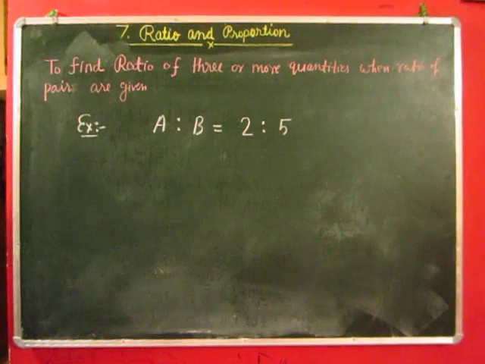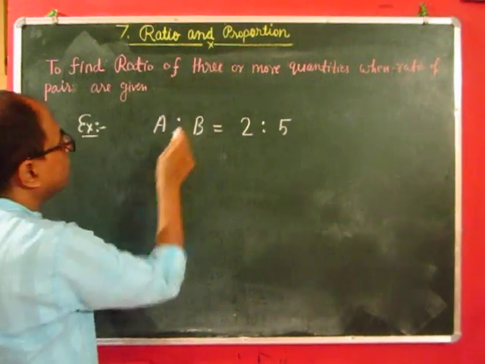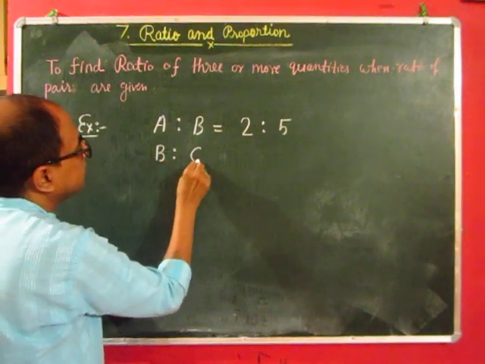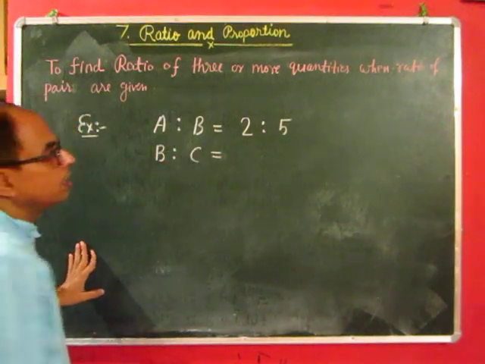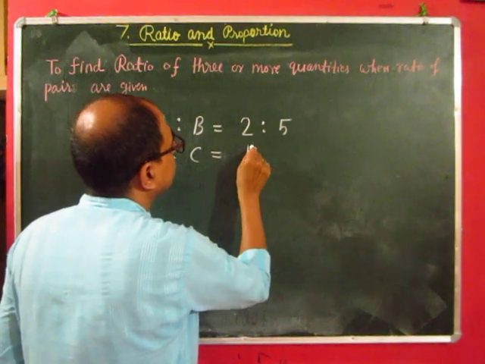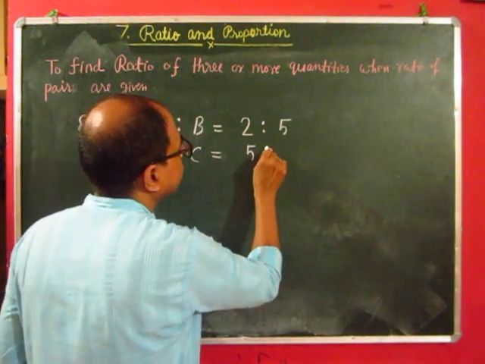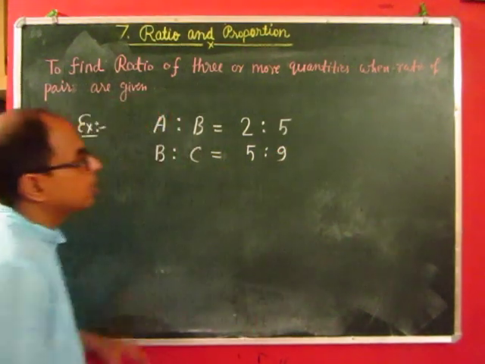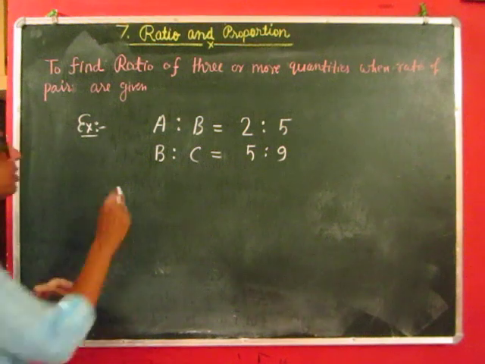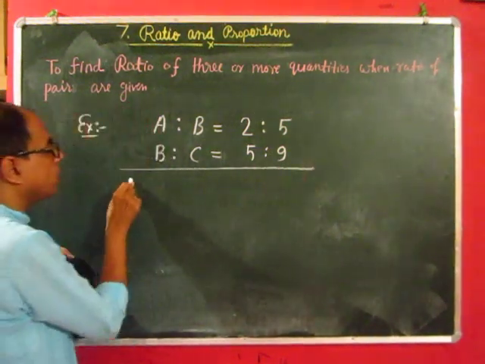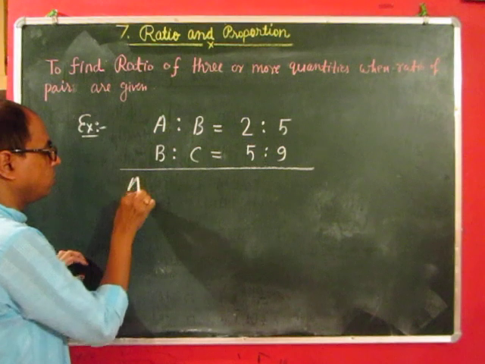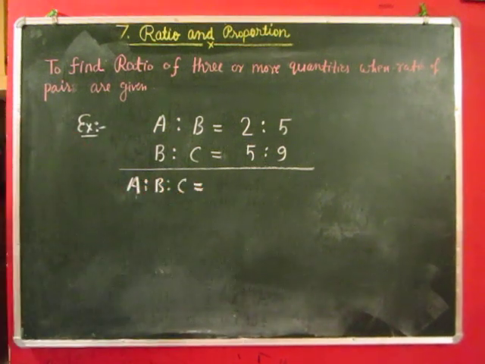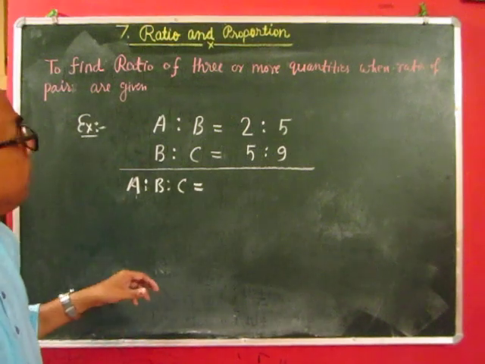And the ratio of B and C is given, let it be 5 is to 9. And we have to find the ratio of A is to B is to C.